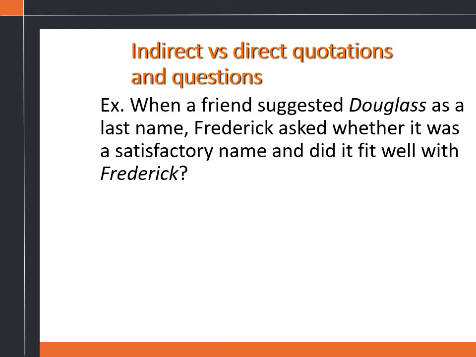So how might this get mixed up? Well, let's look at the example here. When a friend suggested Douglas as a last name, Frederick asked whether it was a satisfactory name and did it fit well with Frederick. Now, what might be the problem spots with this sentence?